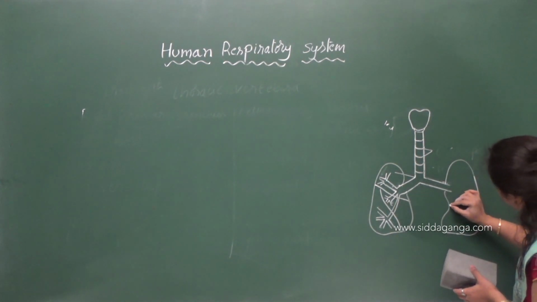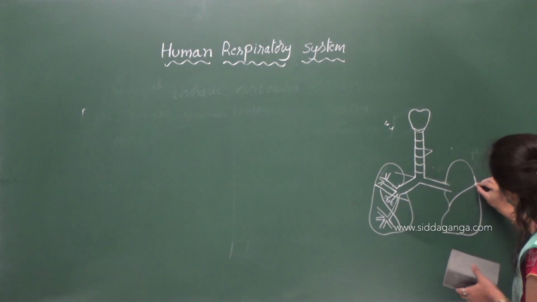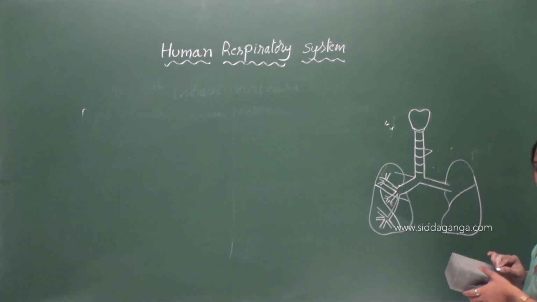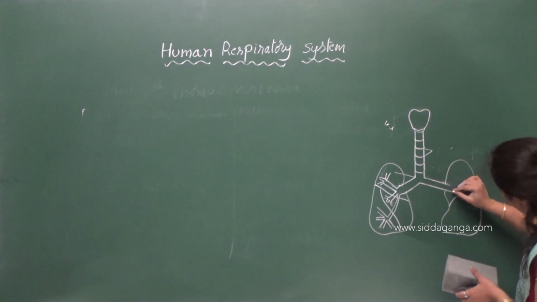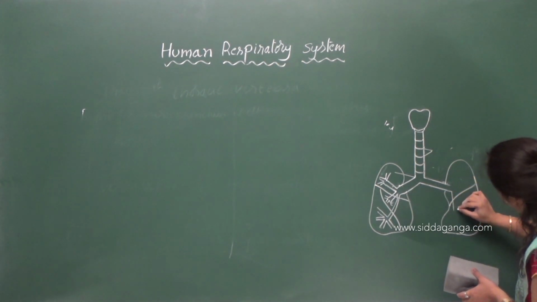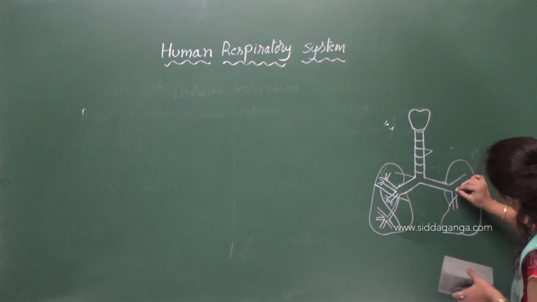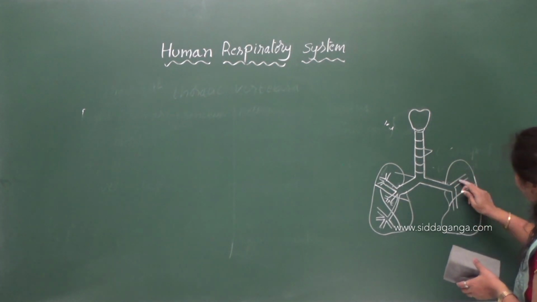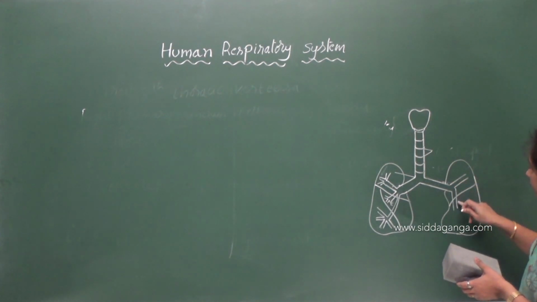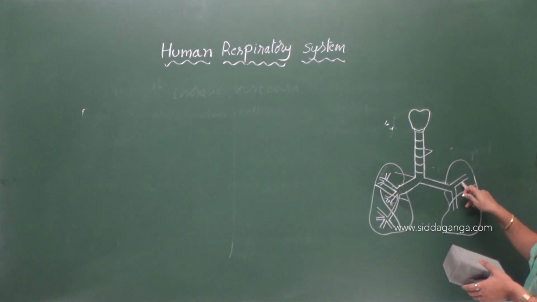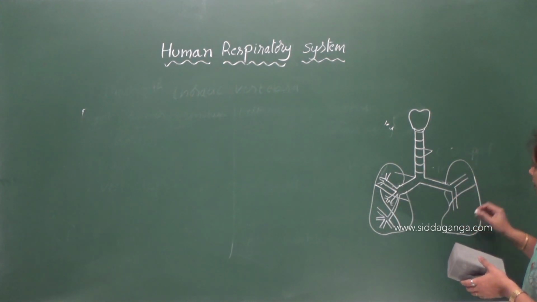The left lung is divided into 2 lobes, and the left primary bronchus divides to form secondary bronchi. The number of secondary bronchi in the left lung is 2.